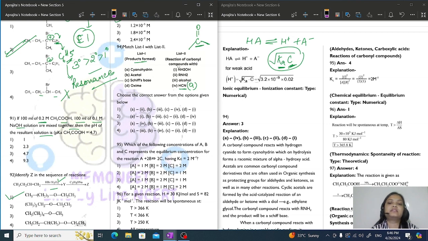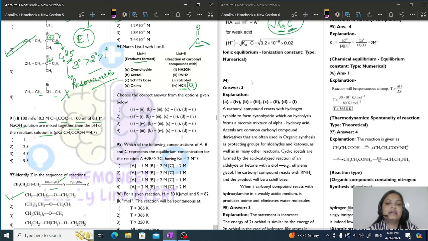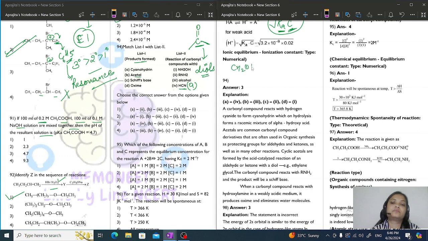Acetals are derivatives that are used as protecting groups for aldehydes and ketones. Cyclic acetals are formed when the carbonyl compound reacts, in an acid catalyzed reaction, with diols like ethylene glycol. So then acetal is formed.